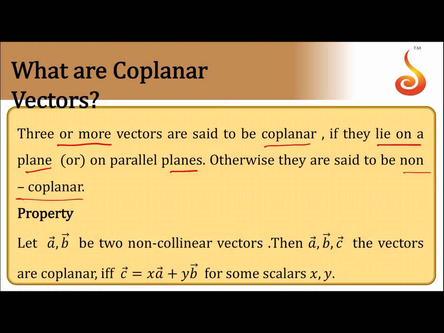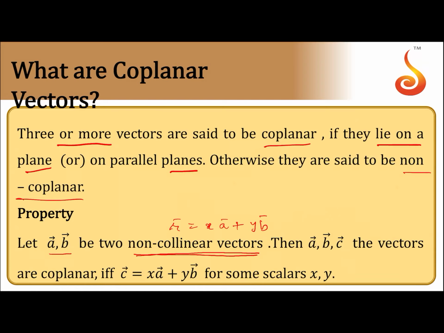Okay, right. And there is a certain property. Last lecture we had seen that if A, B are any two non-collinear vectors, you can always construct a vector which is coplanar with A, B. There exists a vector R bar that can uniquely be represented as xA bar plus yB bar.